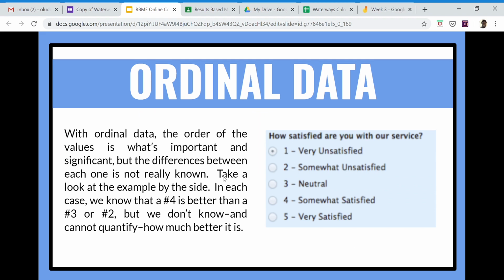You have ordinal data. Remember that ordinal data are used for qualitative characteristics, but they have a quantitative value attached to them.